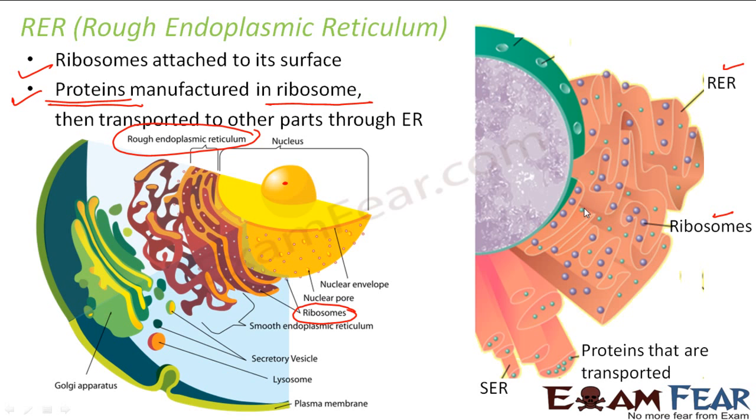What are proteins? The green colored small dots represent proteins that are to be transported. These proteins are transported by both rough and smooth endoplasmic reticulum, right? From this bigger view, it becomes clear why smooth endoplasmic reticulum is so smooth, because of the absence of ribosomes, whereas the rough endoplasmic reticulum is rough due to the presence of ribosomes.